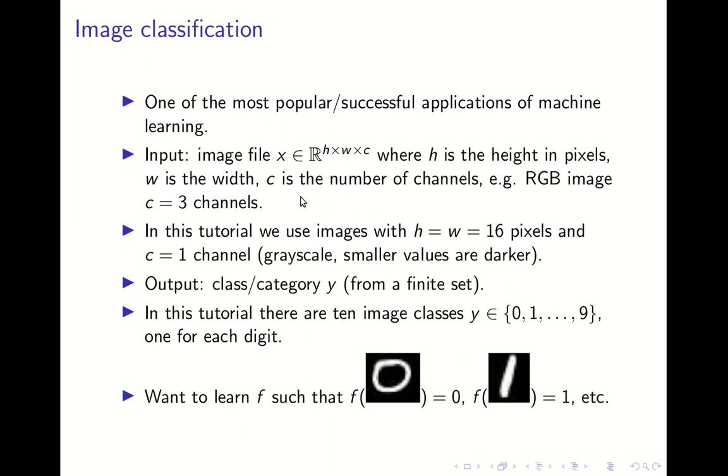But in this tutorial, we're only going to be using images with height and width both equal to 16 pixels and only 1 channel. So that's corresponding to grayscale images. So smaller values in this real valued array mean darker parts of the image.